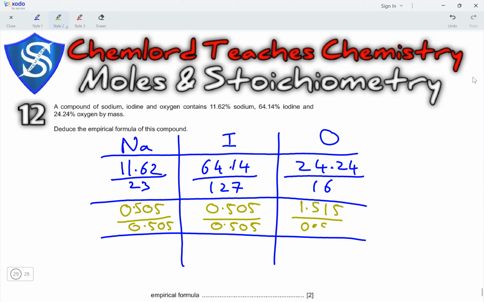And when we divide 0.505 by 0.505, we end up with a value of 1 for sodium, 1 for iodine, and dividing 1.515 by 0.505, we end up with a value of 3 for oxygen. So the ratio of sodium to iodine to oxygen is 1 to 1 to 3, making the empirical formula of this compound NaIO3.